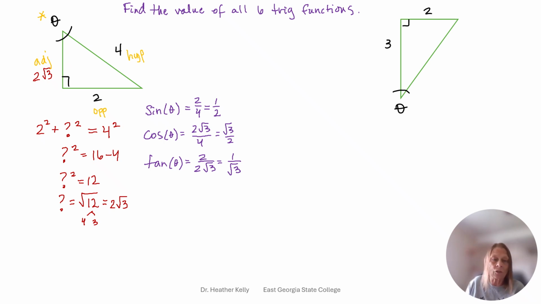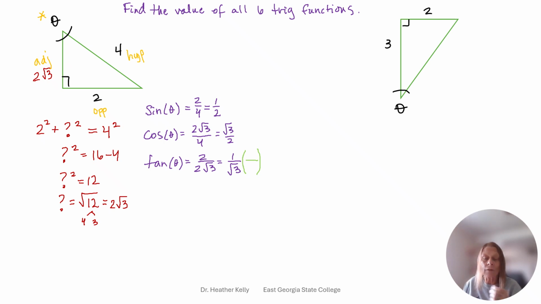And the way that we rationalize, and you might remember this from your algebra classes, is very similar to what we did when we were dividing by a complex number. You had to use the conjugate. So if this was a complex expression, which it's not here, we would have to use the conjugate.